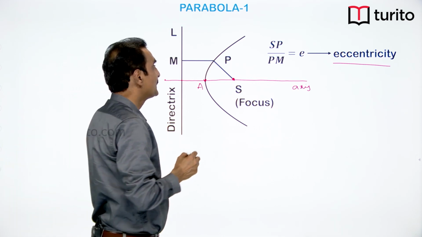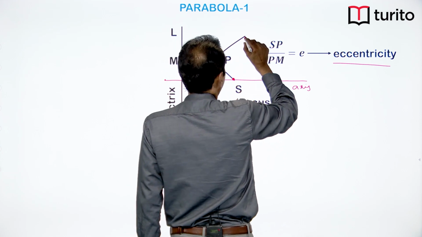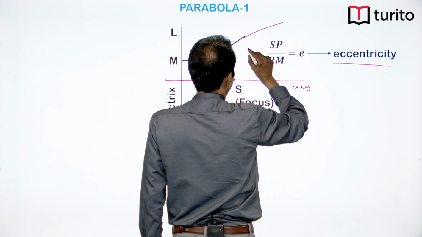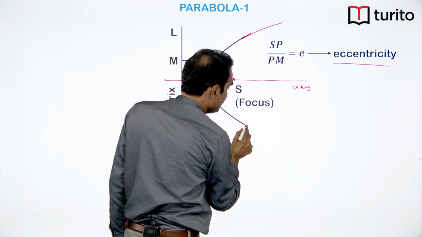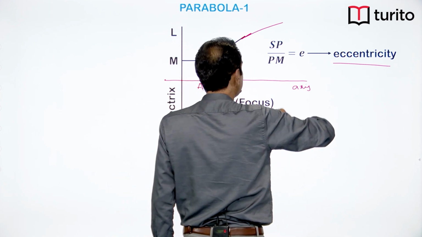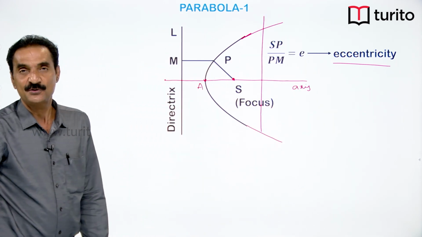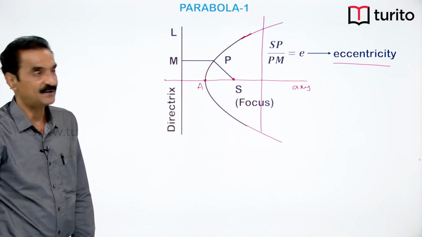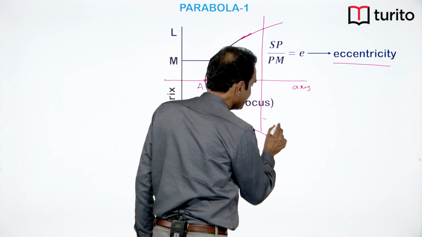Next, if you draw a chord perpendicular to the axis like this, it is usually called a double ordinate of the conic.